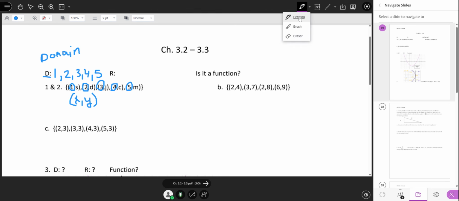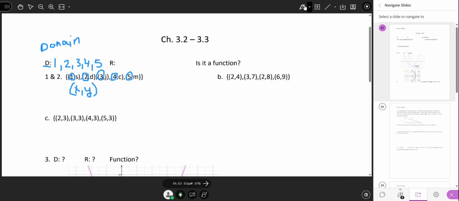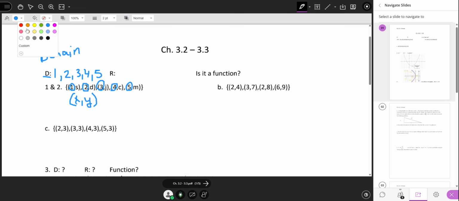And the R here, let me change colors. The R is for range. And that is a fancy way to say all of your possible Y values. So your Y values are S, D, J, C, and M. So we will list those and we will separate with a comma.